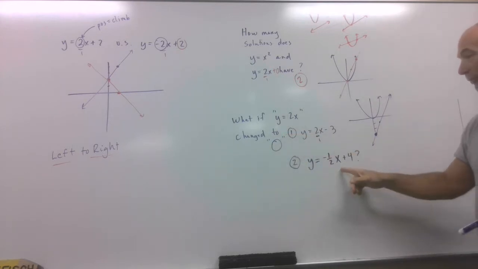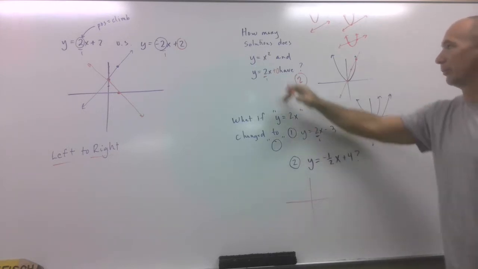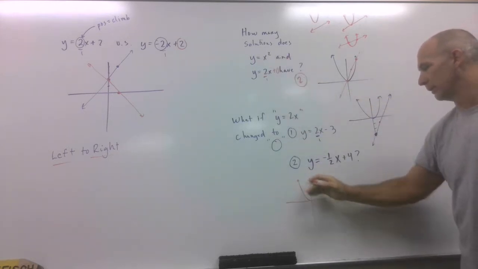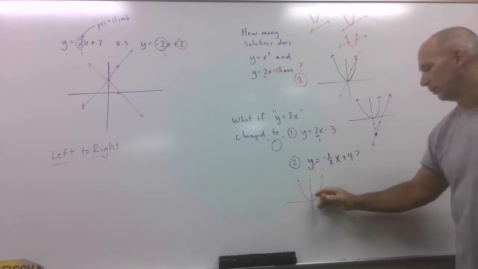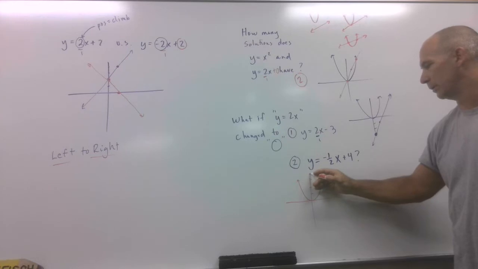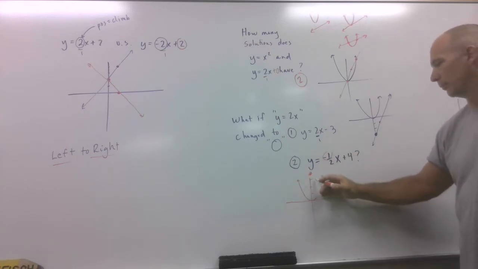And I just made this one up, so I really don't know what's going to happen. But if I took my y equals x squared, I know what that looks like. And I graph this, 4. 1, 2, 3, 4. There's my y-intercept. Down 1, right 2-ish.